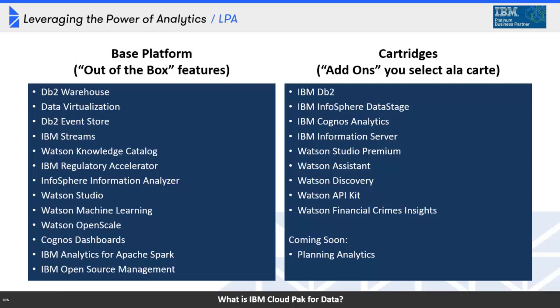The Watson Studio Premium, what does that add over Watson Studio? Well, it's really three things. It's SPSS Modeler, it's the decision optimization tool, and a Hadoop execution engine. That is what comes when you add the cartridge of the Watson Studio Premium. Planning Analytics, by the way, is coming soon as a cartridge.